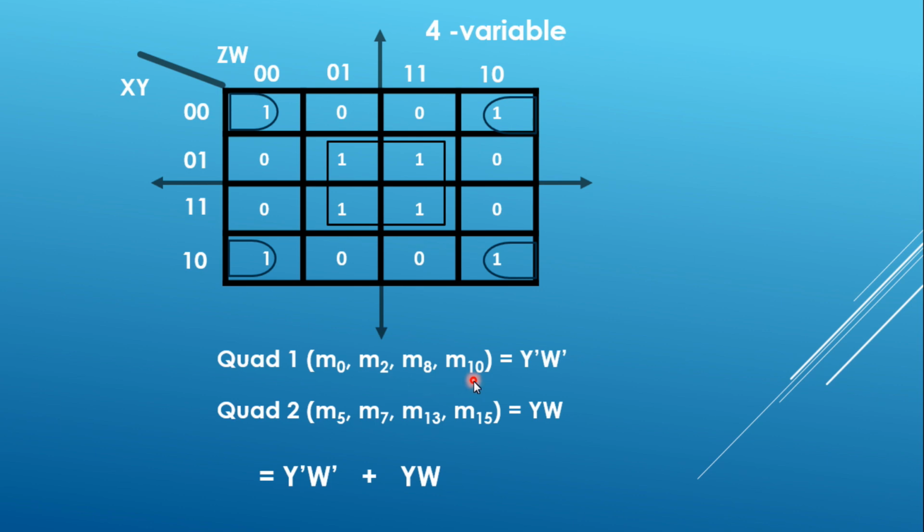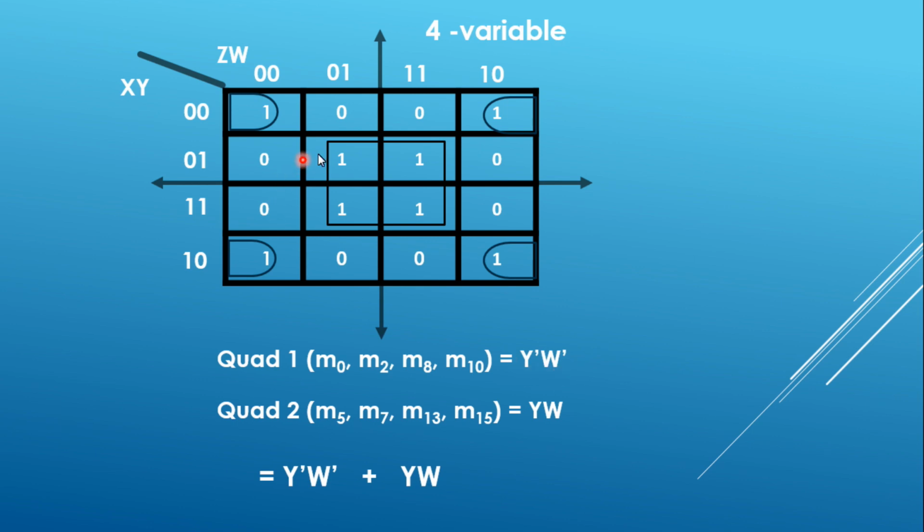You are taking this particular quad which comprises the terms 0, 2, 8 and 10. Now x is changing for it, but y is remaining the same, and because it is 0, it will be y bar. Then z is changing, so z will be removed, but w is remaining the same and it is 0, so it will be represented as w bar.